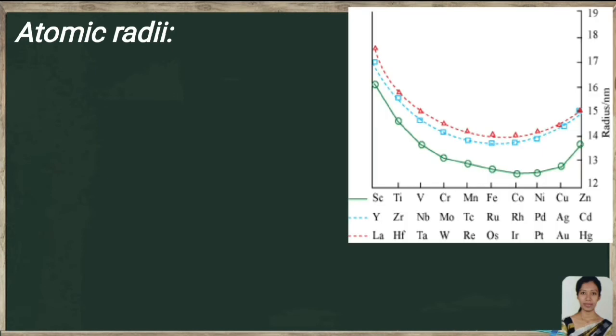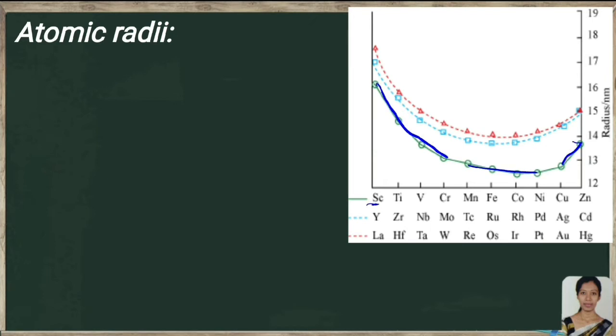Now we will concentrate only on the d block elements, and see how the atomic radii vary along the period. In the periodic table, the atomic radii of d block elements are irregular. You can observe in this graph, for the 3d series, from scandium to manganese it is decreasing, from manganese to nickel it is almost constant, and then from copper to zinc it is increasing.